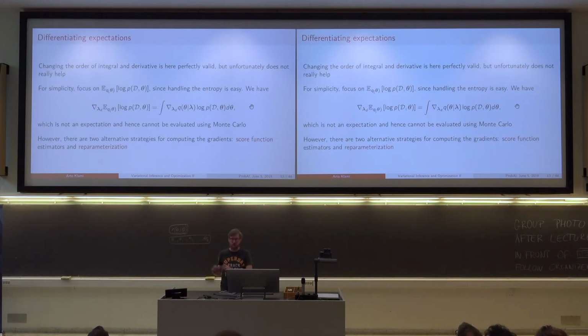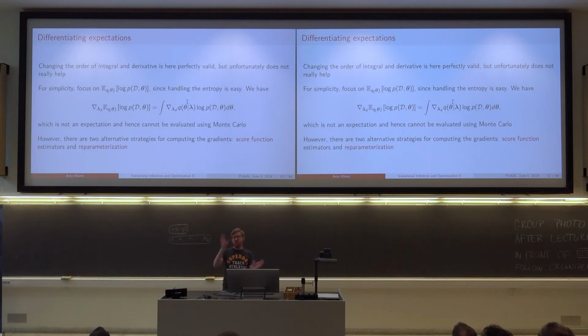I'm dropping it for simplicity in this notation. We just need to remember that it exists there as part of our gradient as well. So what we have is our expected joint log likelihood of the model. We want to compute the derivative of that with respect to some parameter of our approximation.